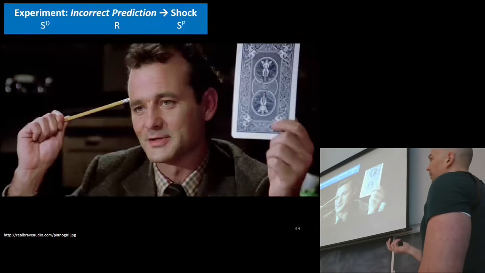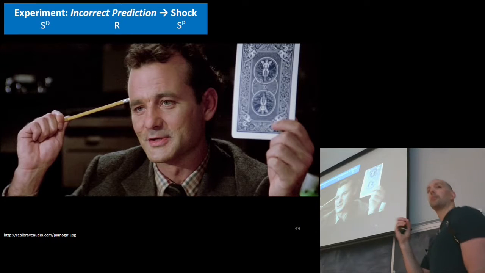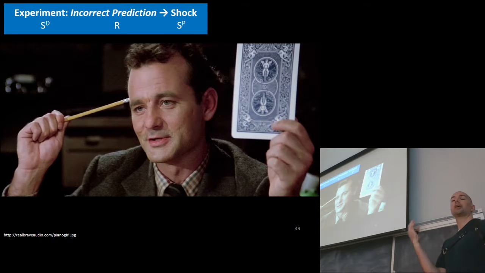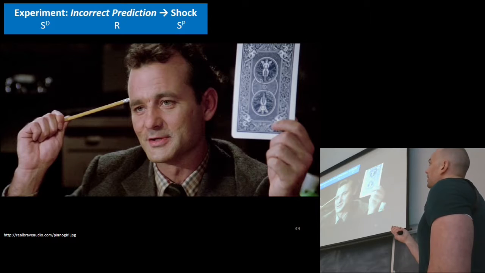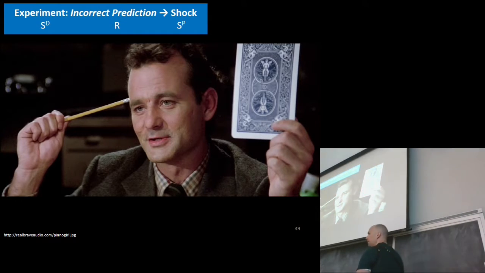All right. So, in the Ghostbusters, Peter Venkman's horribly unethical experiment, we have the experimental condition, the discriminative stimulus for punishment. Should be a P up there. Incorrect predictions. Remember, nothing happened when you got a correct prediction, so there were no consequences to correct predictions. The only consequence in effect was for incorrect prediction.